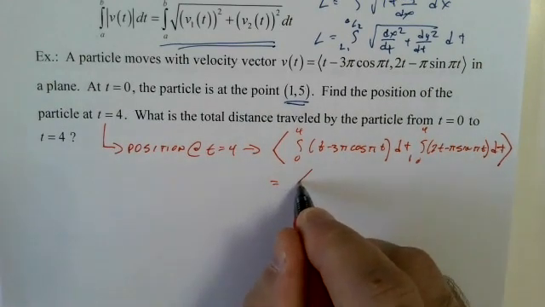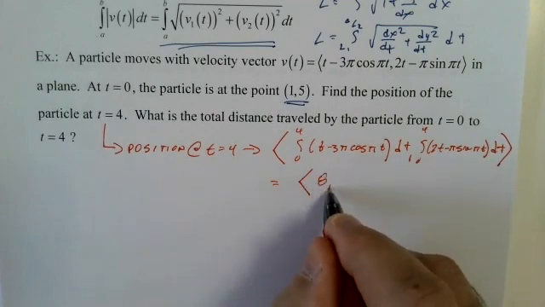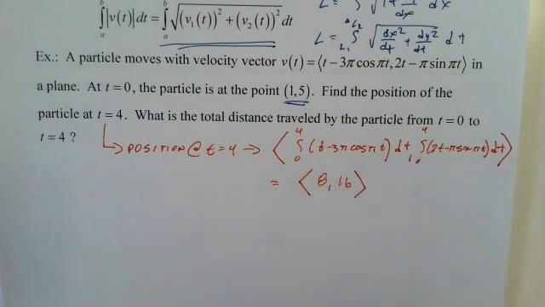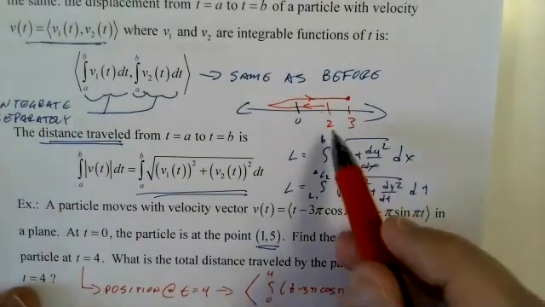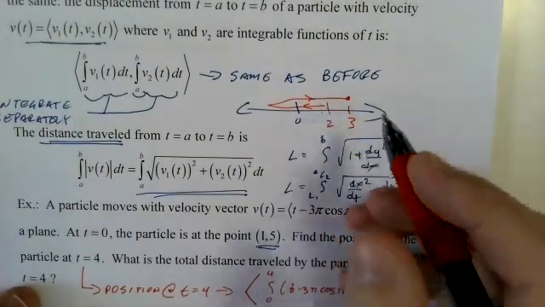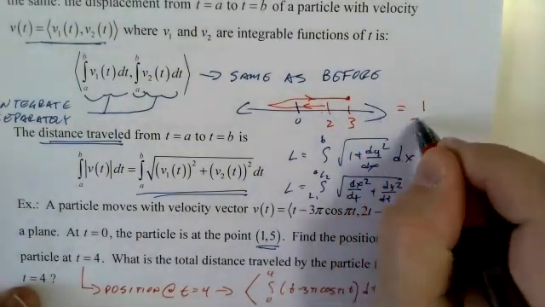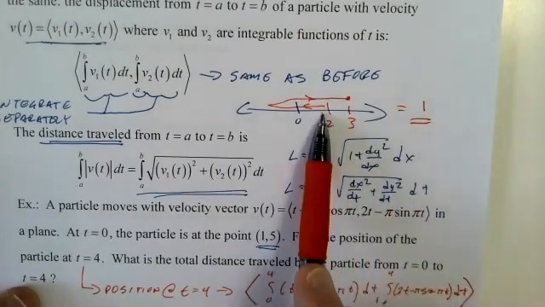Gives us a shockingly simple answer, 8, 16. Now, this is annoying. That's displacement. I'm wrong up here. I'm not wrong. This equals 1. Started at 2, ended up at 3. That's displacement.